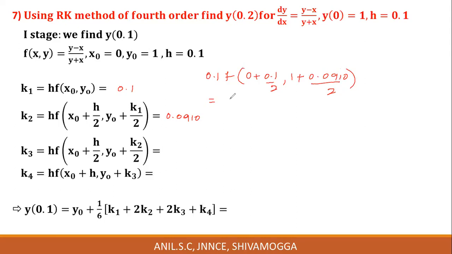That's right. I got it. 0.09087 is also acceptable. 0.0909.